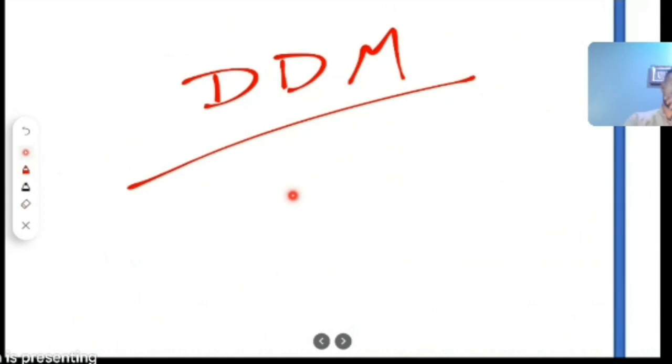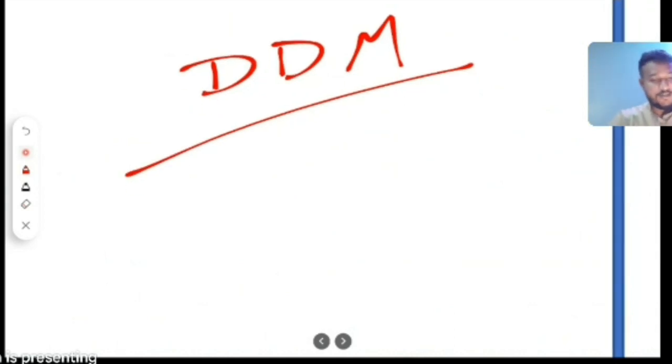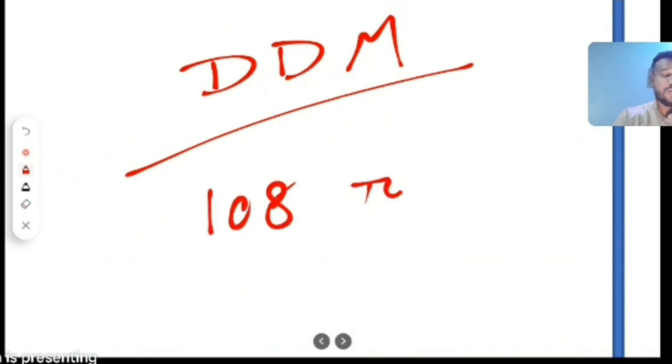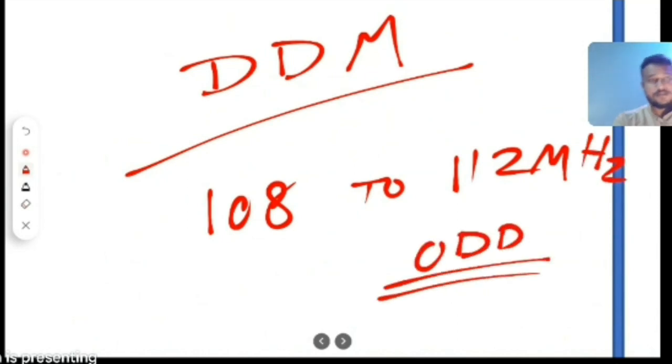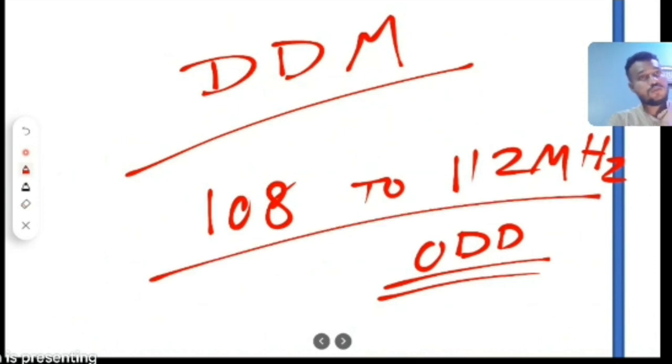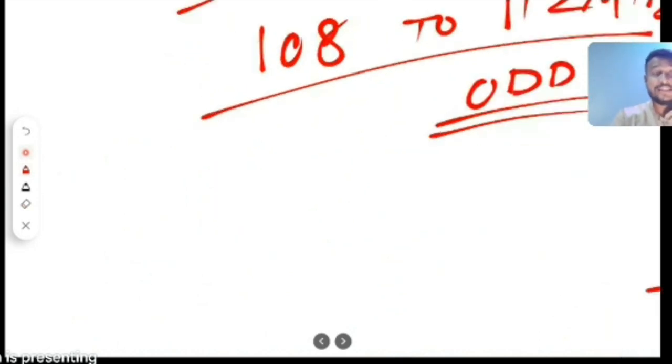Before proceeding to difference in depth modulation, the ILS works in the frequency range 108 to 112 megahertz, odd frequency, right? Each and every runway in India has a different ILS frequency.